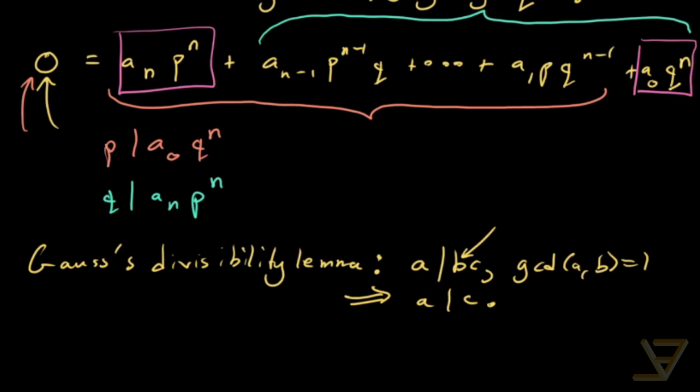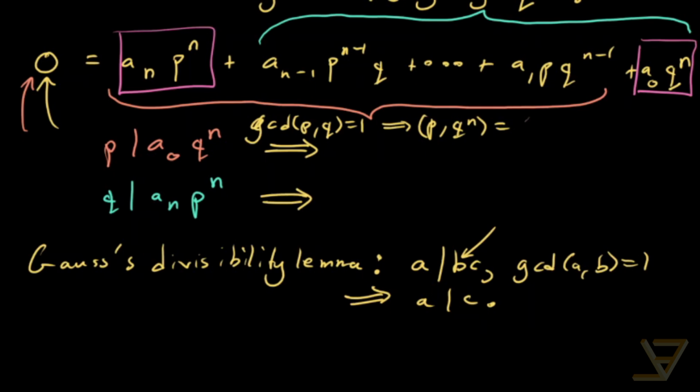So let's use that. We know that the GCD of p and q is equal to 1. So that tells us that the GCD of p and q to the power of n equals the GCD of p to the power of n and q, which is also equal to 1.